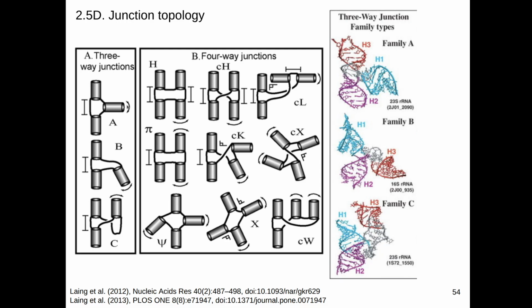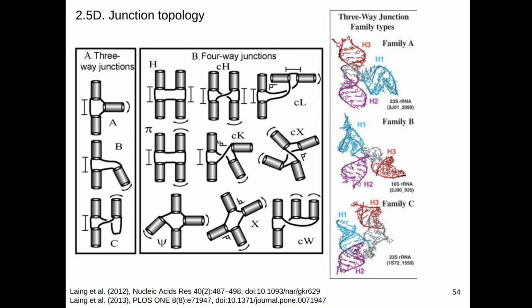And the third one can be perpendicular, or parallel to one of them, or parallel to another. And this is an example of 3D structures of these different stackings. So here, helix 2 and helix 3 are stacked with each other, and H1 is not coaxially stacked. Here, instead, H1 and H2 are stacked, and H3 is alone. Here again, H1 and H2 are stacked, and H3 is in a different orientation.